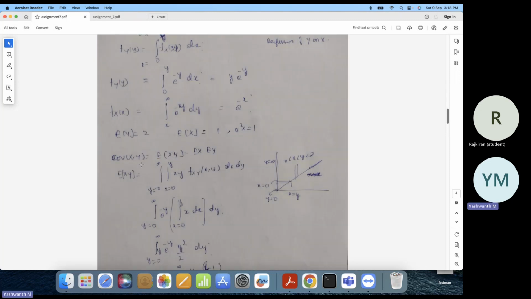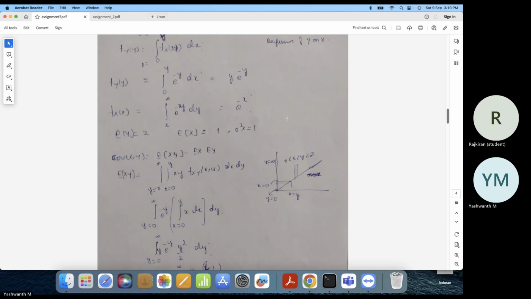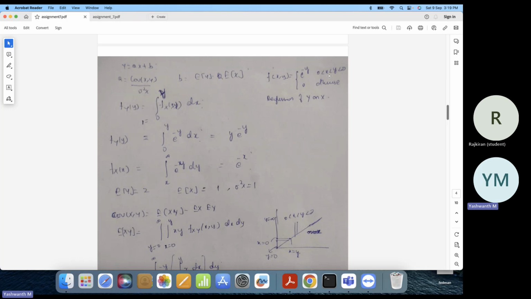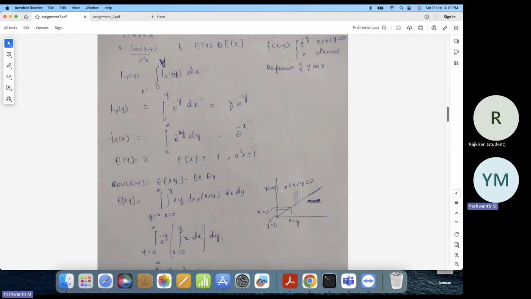All right. So E of xy, by definition, you have this, and I've just written down why these integrals are going from 0 to y and y to infinity. So this region, 0 is less than x is less than y, is the upper triangle, the upper half of the 45 degree line.